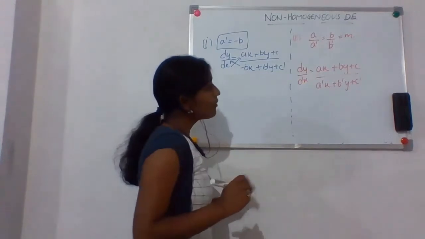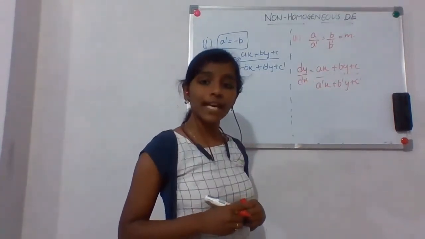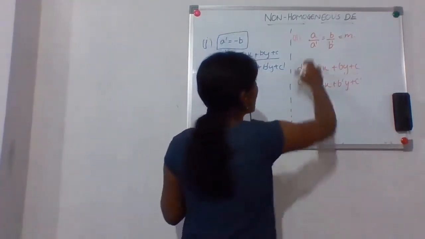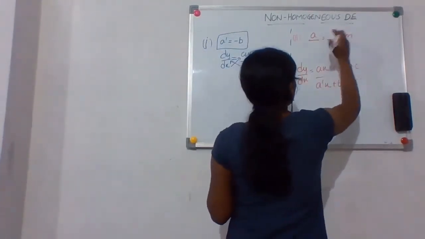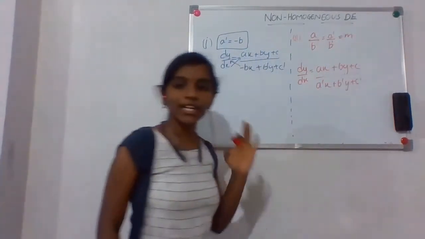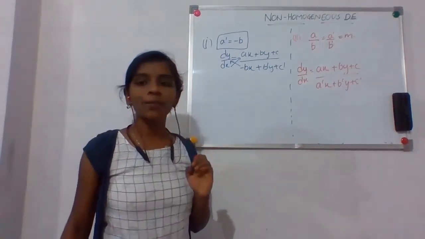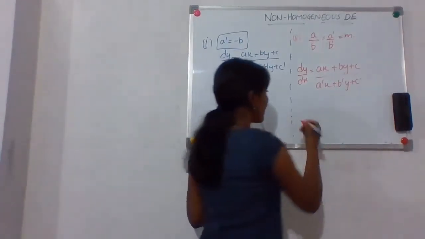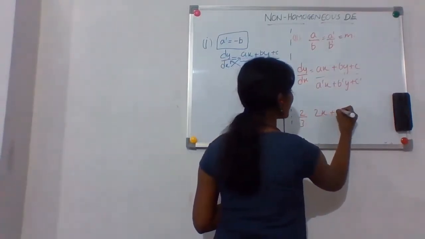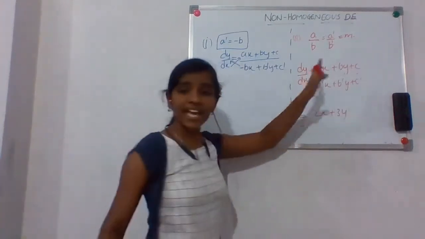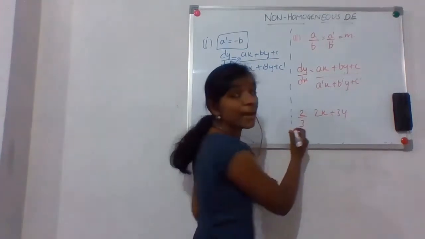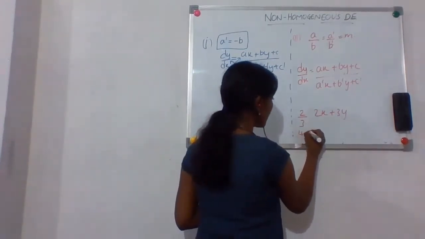Well, so now because of that proportionality being the same, I'm very wrong. Sorry, a by b equals to a dash by b dash. That is, if 2 by 3 are a and b, that is this is 2x plus 3y instead of ax plus by, then if I have to write this same proportion of this, it will be 4 by 6, right?